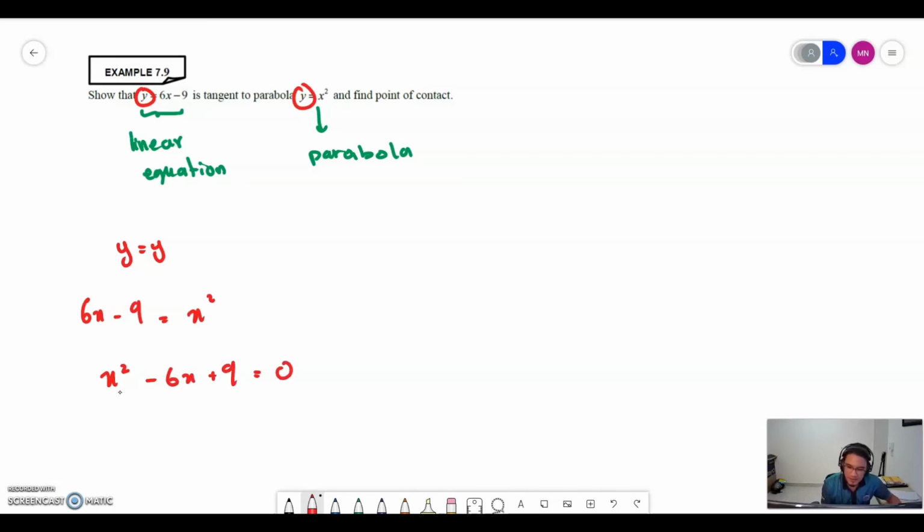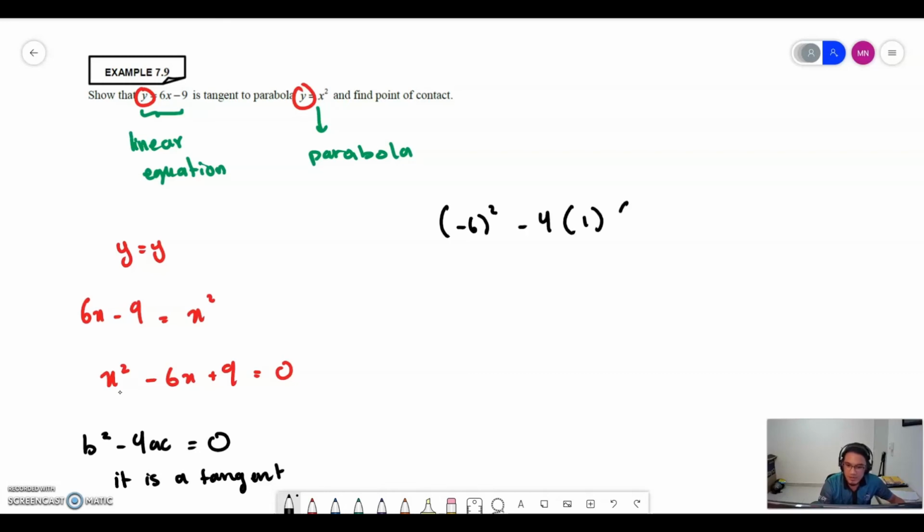Now we test it with the discriminant, that is b squared minus 4ac. If calculated by the discriminant, we get a value of 0. So now it is identified that the line is a tangent to the parabola.